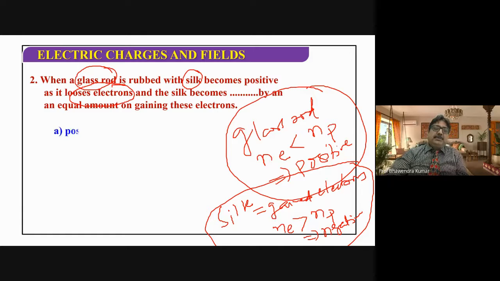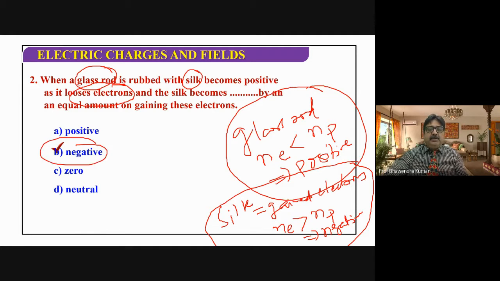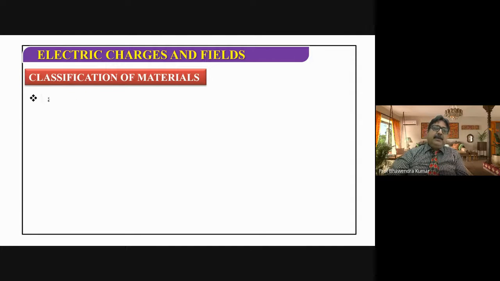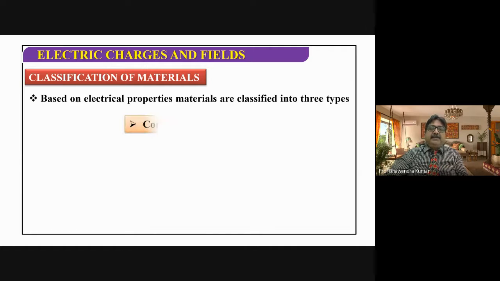The total amount of charge remains the same, but the electrons which are lost by the glass are gained by the silk. So what type of charge will the silk acquire? The silk will acquire a negative charge. Reason, you understand? Because the number of electrons has become greater than the number of protons, so it will acquire a net negative charge.